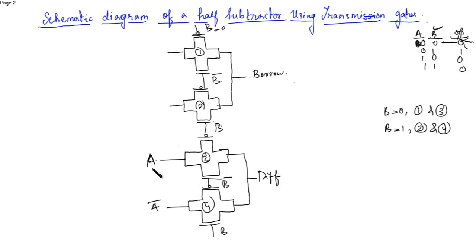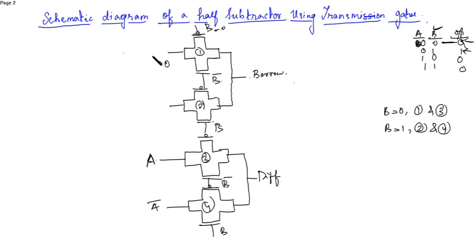So this should be 0 first. Then when B is equal to 1, that means 2 and 4 will turn on. Whatever will be there here, you should see over here. That means the output is 1.